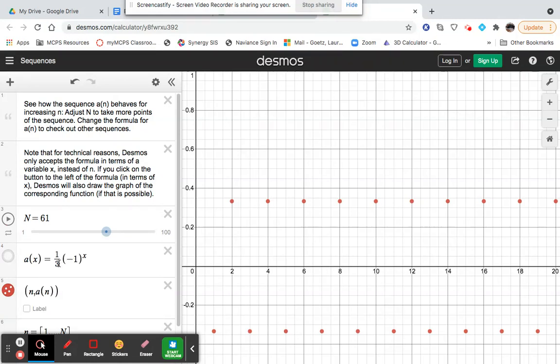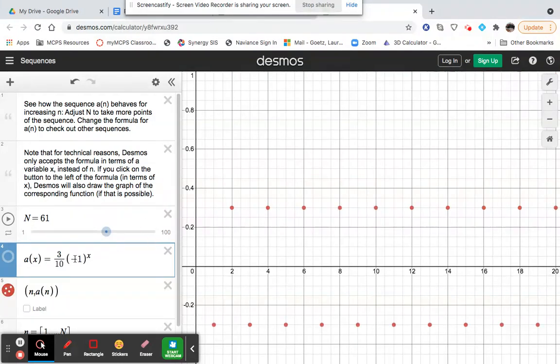That first one was what? The first term was 1/3, right? No, it was 3/10. Sorry, it was 0.3. It was 3/10. What was the common ratio? Common ratio was 1/10.